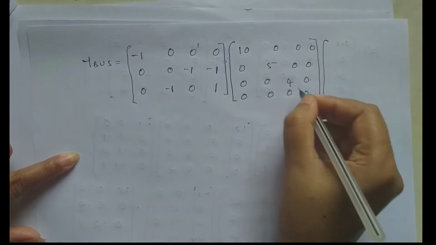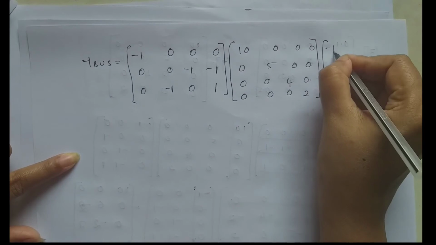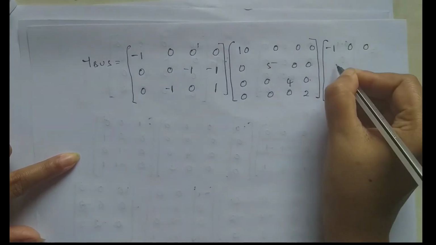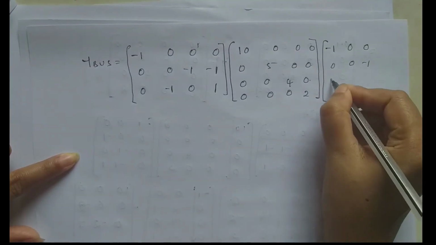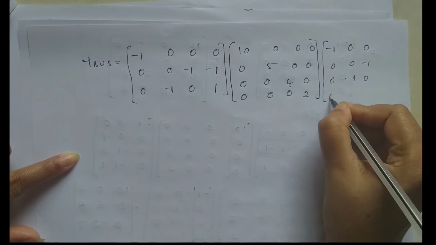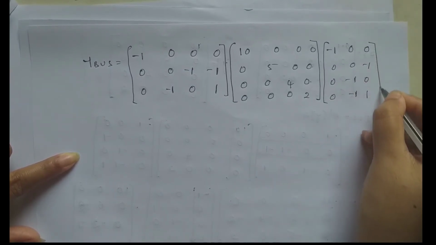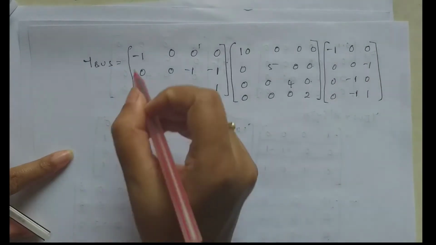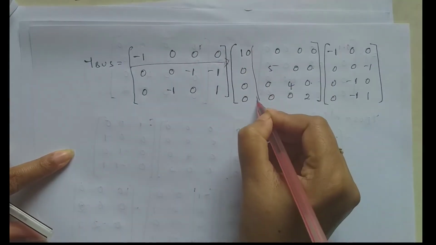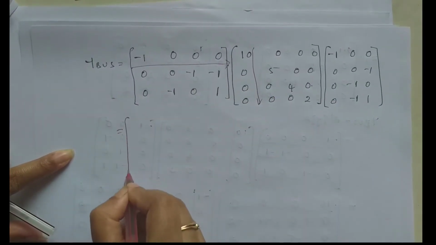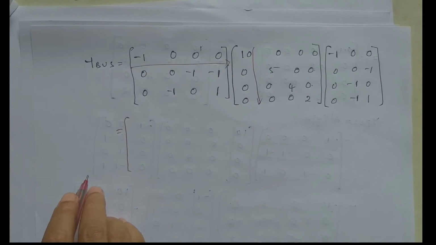And matrix A is -1, 0, 0, 0, 0, -1, 0, -1, 0, 0, -1, +1. Take the first row and first column, multiply, and you get the matrix.